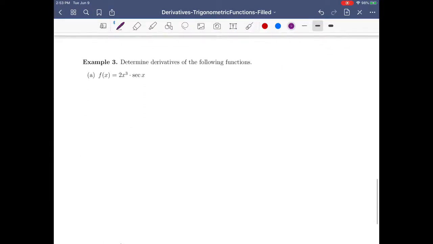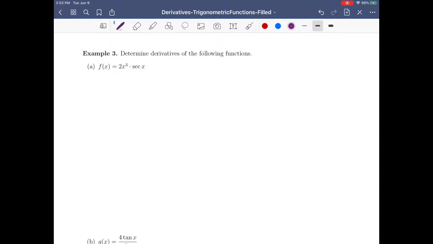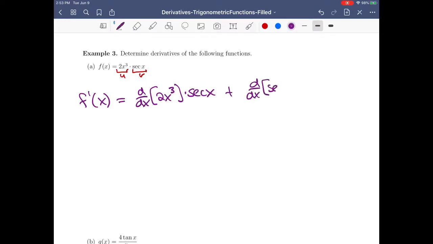So here we're using the product rule. This is my u, and this is going to be my v. They both have x's. So f prime of x is going to be the derivative of 2x cubed times v as it was, plus the derivative of secant x times 2x cubed as it was.